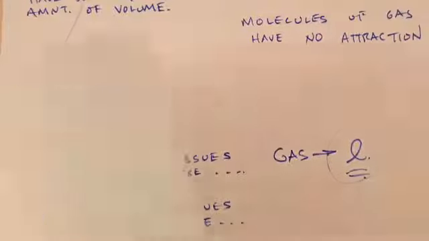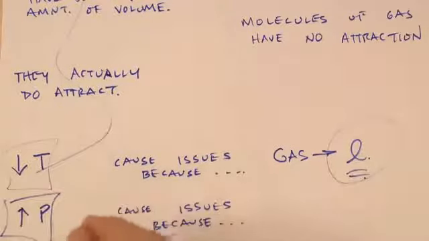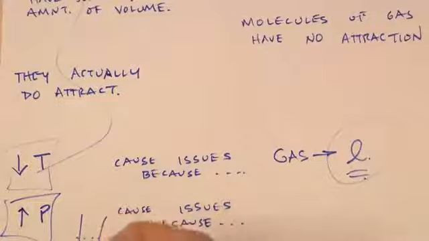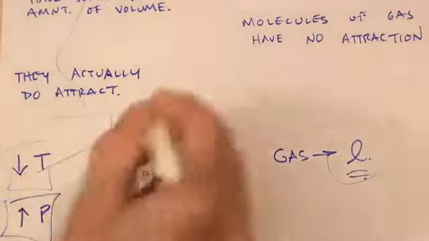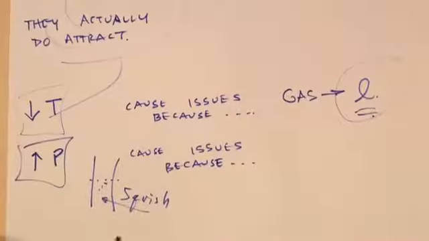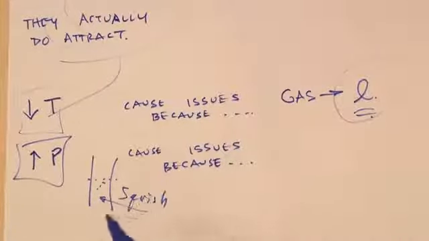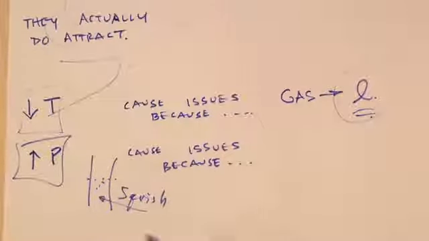And secondly, really high pressures cause us to take those gas particles and squish them really close together. When you squish them close together, there's more attraction between these particles. And of course they might start to take up more volume too, or we might have to consider the volumes of these particles as well.